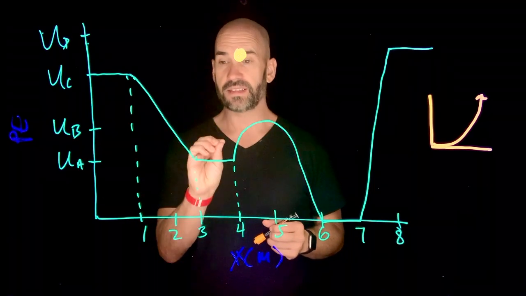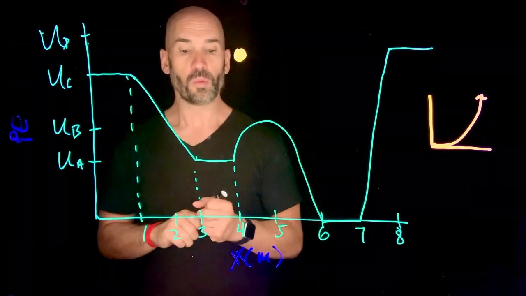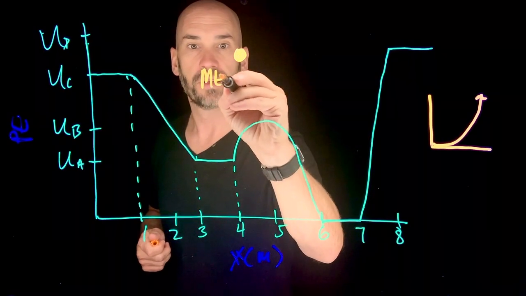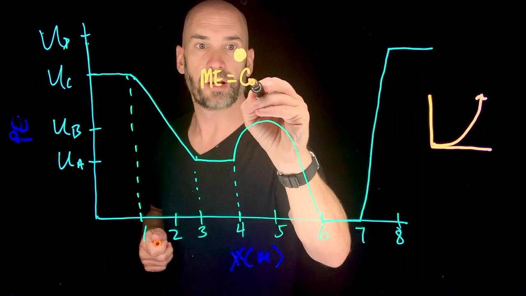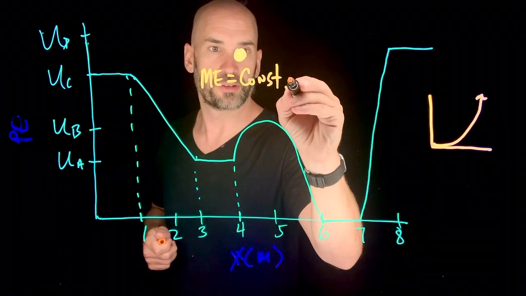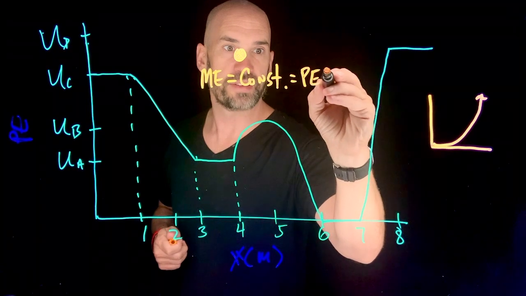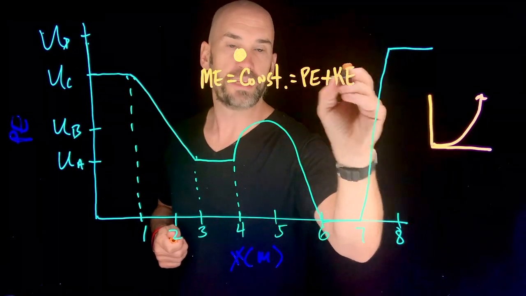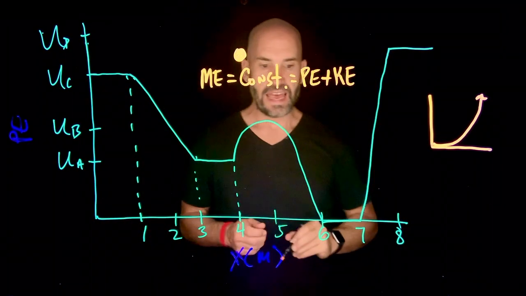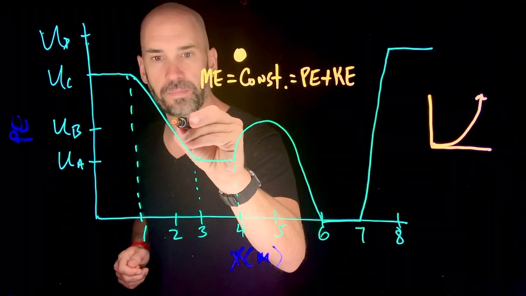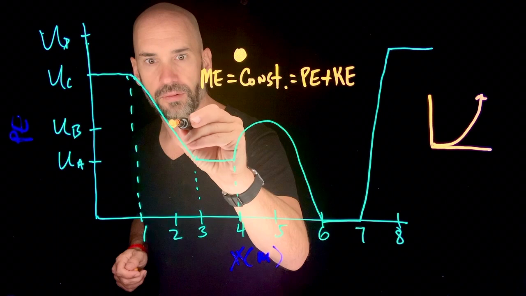And so because this is a conservative force, we know that the total mechanical energy, right, must be constant no matter where you are on this curve. So the total mechanical energy, in other words, the potential plus kinetic energy, must be constant everywhere, okay? And this problem is telling us that we're releasing the ball at B, at UB here, right?